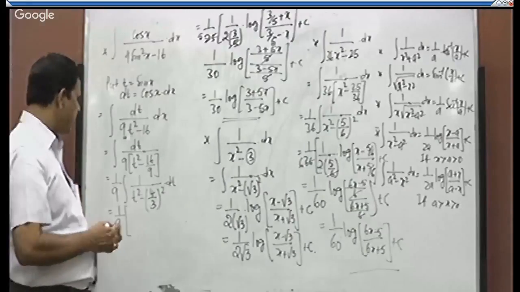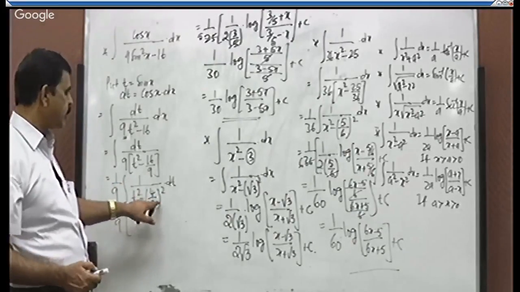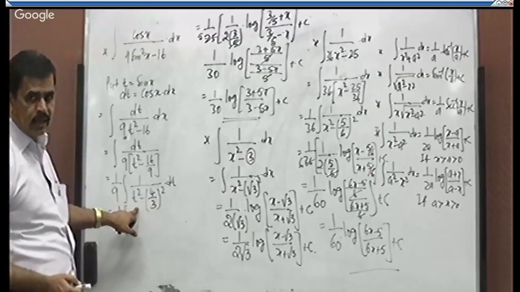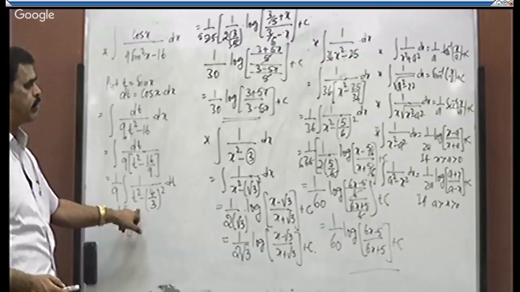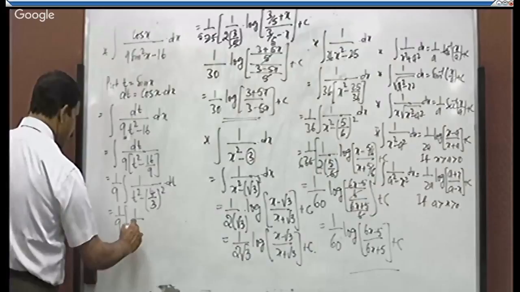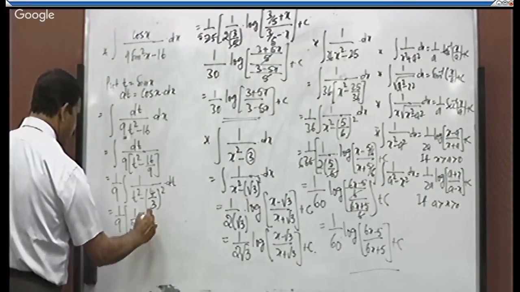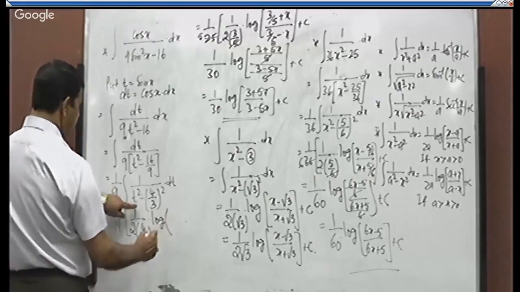What is the standard form? The problem is in 1 by x square minus a square. 1 by x square minus a square is equal to 1 by 2a into log of x minus a by x plus a. So according to that, 1 divided by 2a, a is 4 divided by 3, into log of x minus a. X is what?